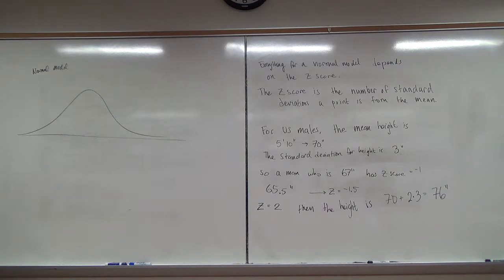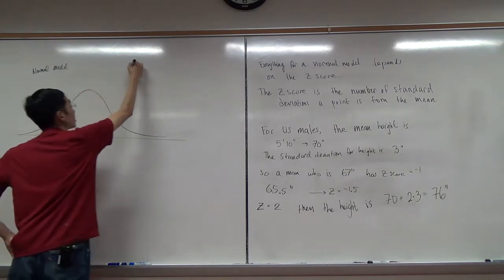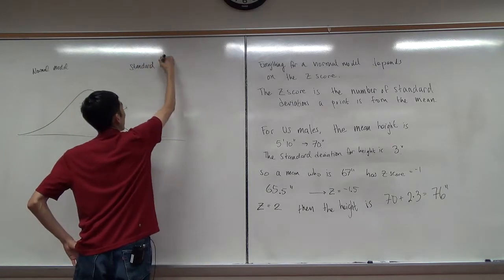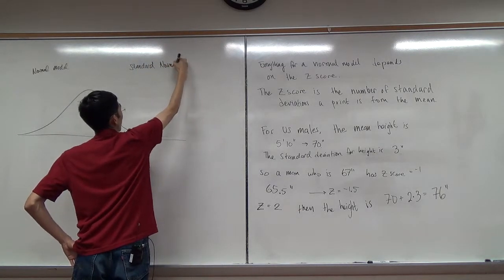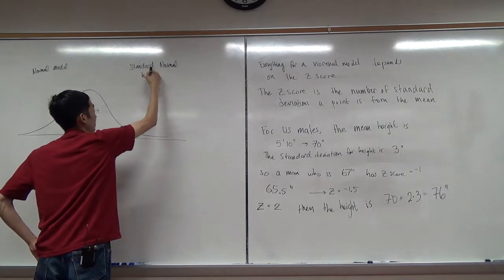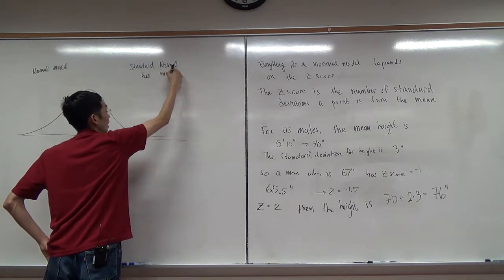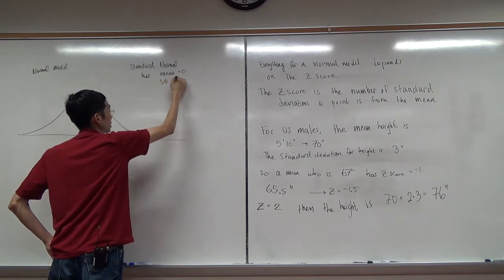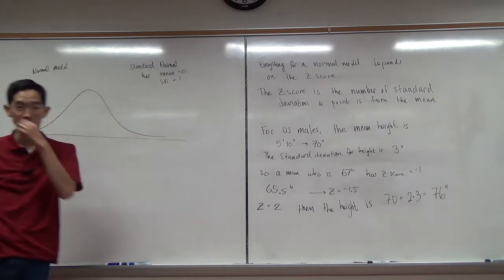And I'm going to start off with what we call the standard normal model. So a standard normal model has mean 0 and standard deviation equal to 1.